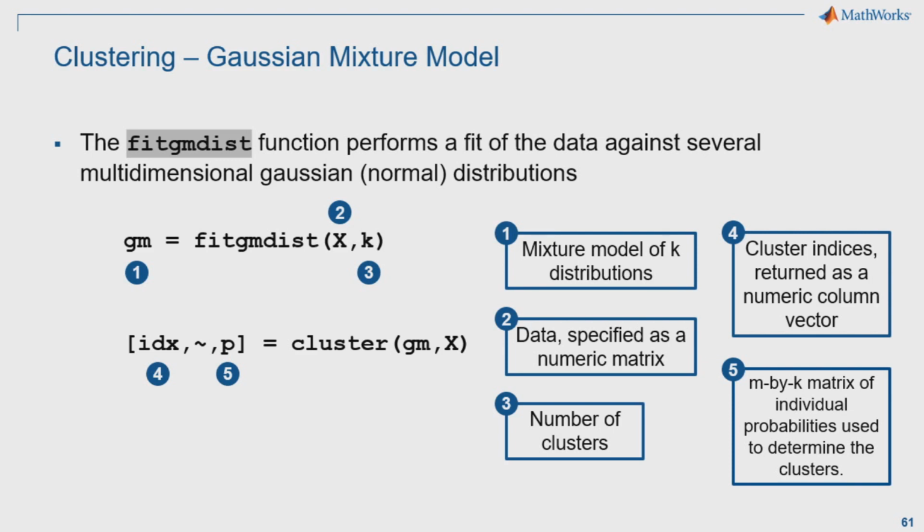Instead, by using cluster, if you pass the mixture model that you obtain after calling fitgmdist, you are able to assign to each point in your dataset the corresponding cluster to which this data belongs, and also the probability with which this data belongs to that cluster.